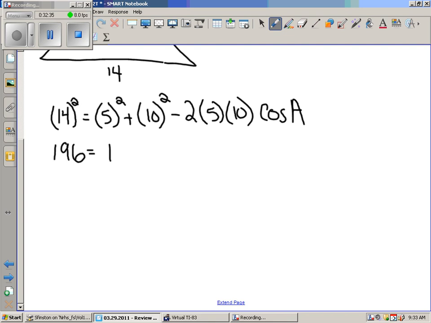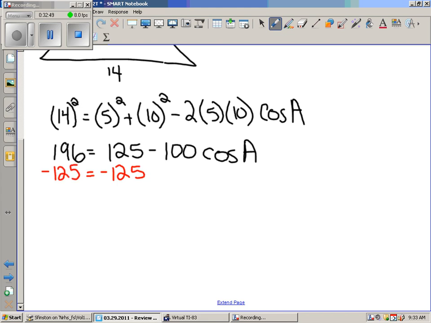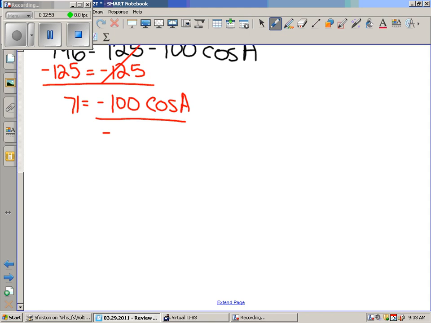196. 25 and 100 is 125, right? 5 times 10 times 2 is 100, cosine of A. Subtract 125 from each side. What is it? 71 equals negative 100 cos A. Divide by negative 100.